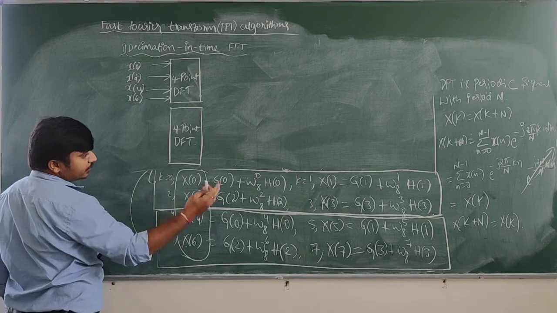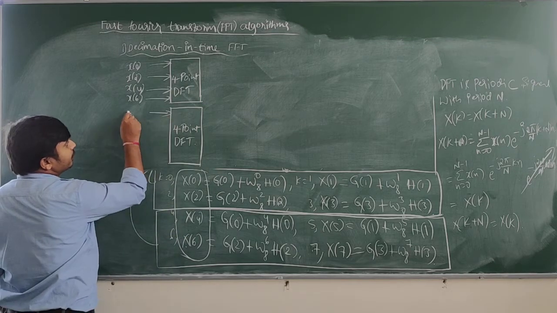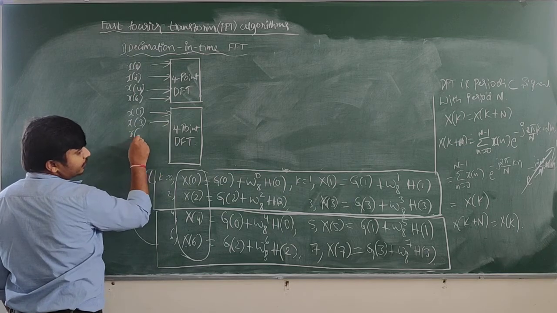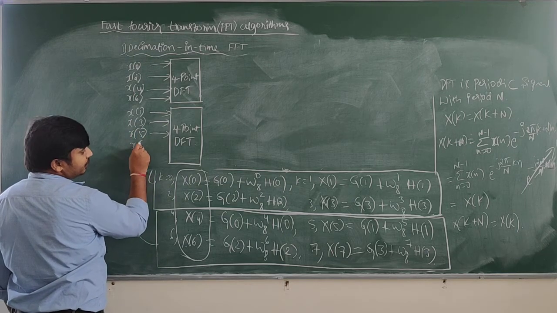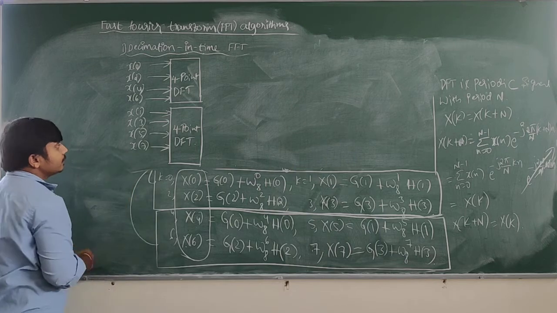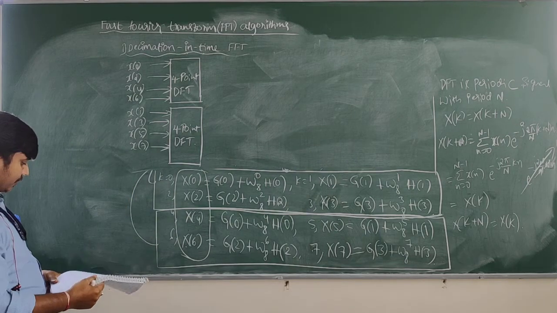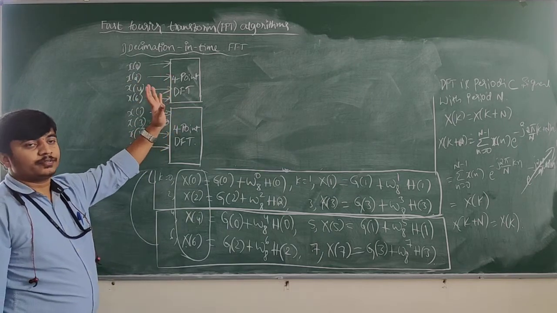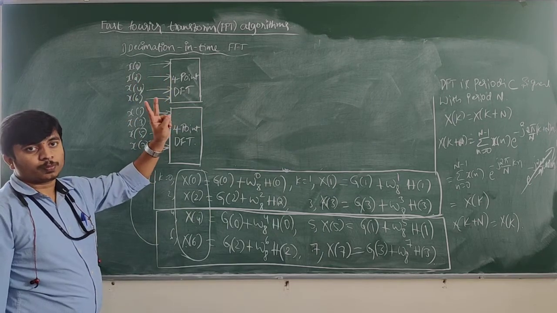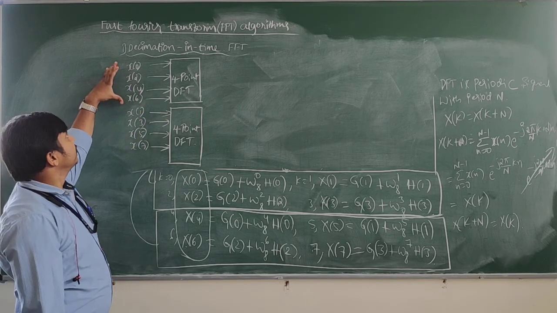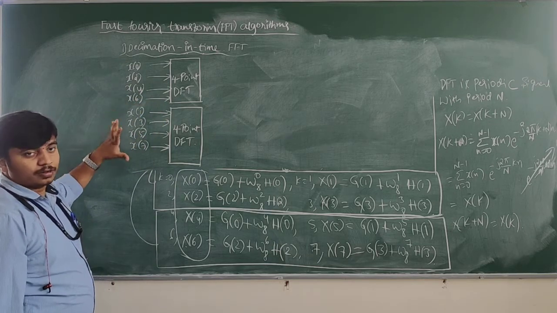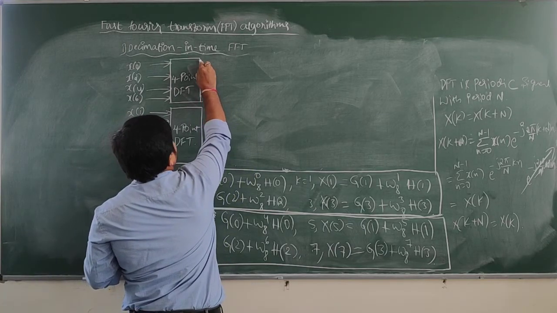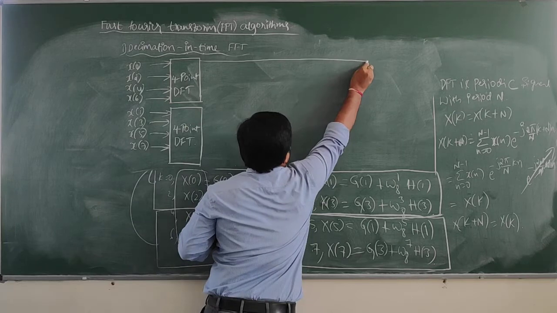Next, on that side we have x of 1, x of 3, x of 5, x of 7. So I have split the 8-point DFT sequence into two 4-point DFT sequences. One is even and another one is odd. So I will extend this.